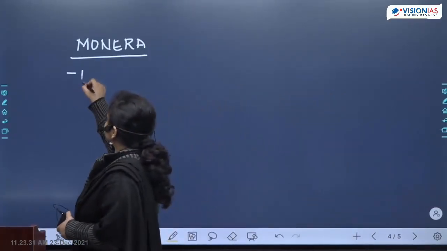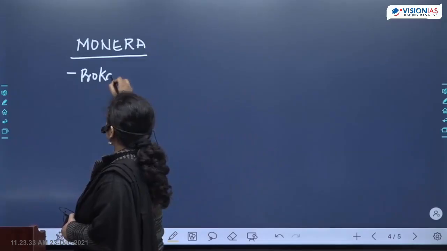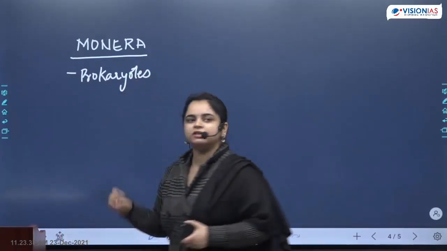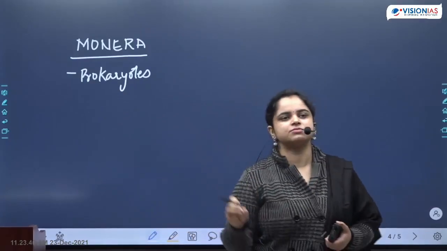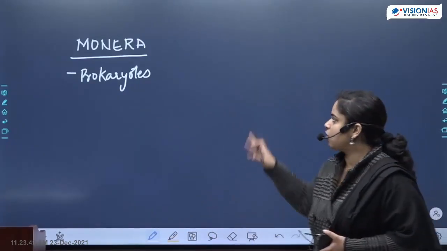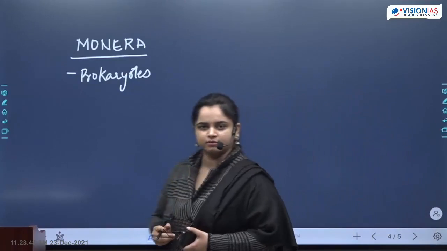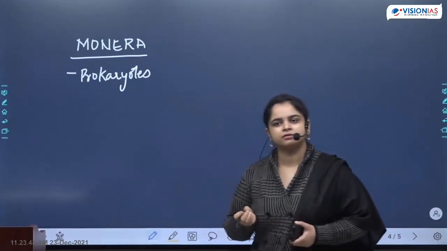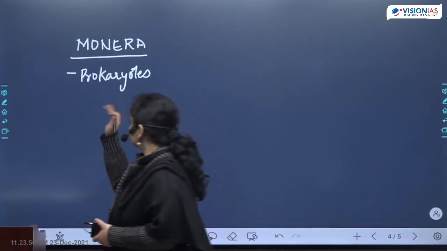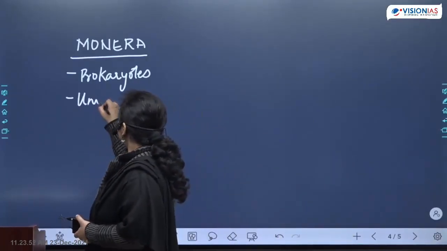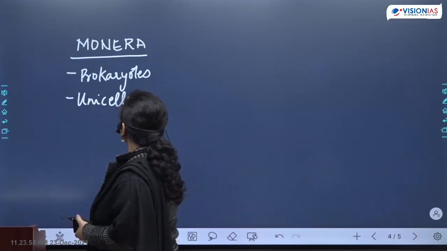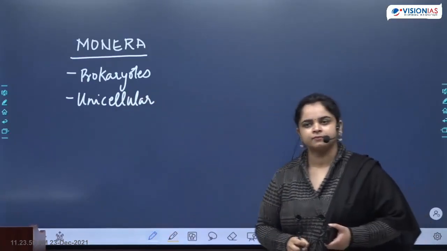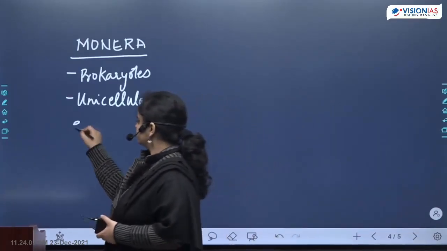This has prokaryotes. All the prokaryotic organisms on the planet belong to kingdom Monera. Will they be unicellular or multicellular? Unicellular. So this also we already know. All prokaryotes are always unicellular. Examples.